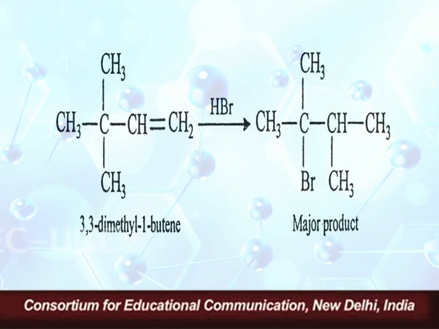In the first step, the protonation of the alkene takes place, resulting in the formation of a secondary carbocation. Now, since a tertiary carbocation is more stable as compared to a secondary carbocation, there is a methyl shift, that is a 1,2-methyl shift, resulting in the formation of a tertiary carbocation.